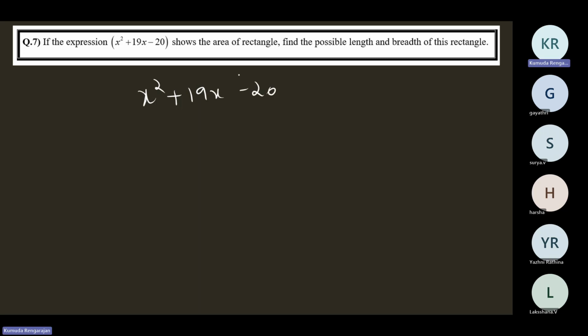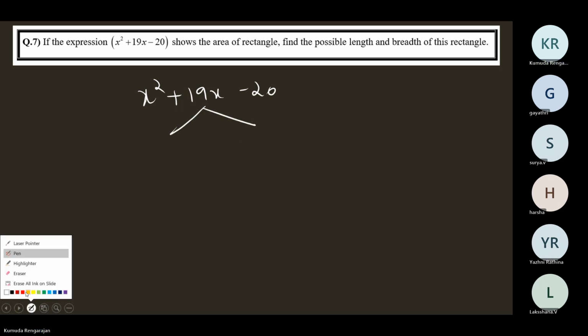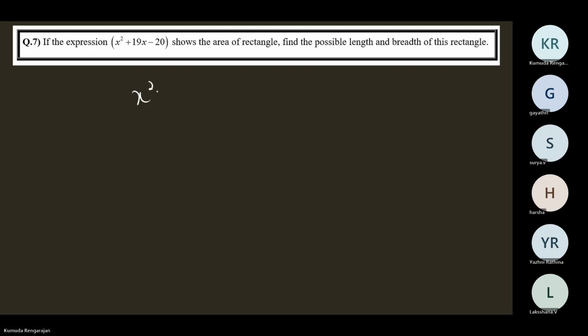So then, if the trinomial is not a perfect square, you will have to factorize by splitting the middle term. X squared plus 19x minus 20. So take the product. 1 into 20 is 20. So this itself will give 19. So take the numbers 20 and 1, because 20 and 1 itself will give 19. So fix the signs.